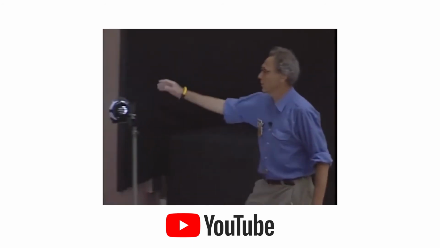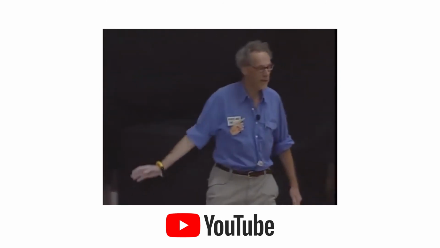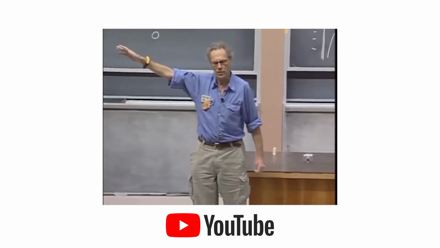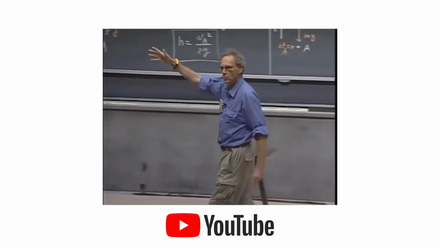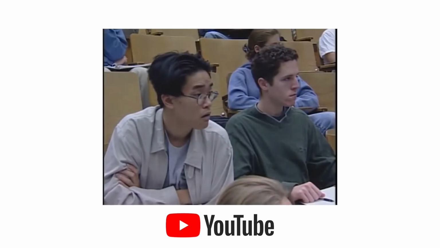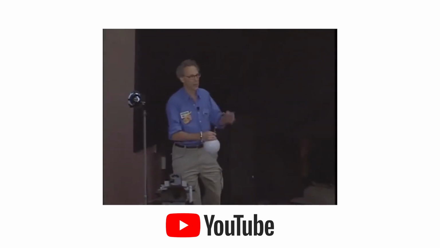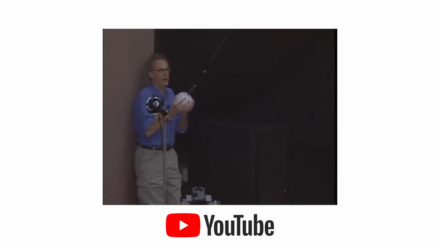If I release it from this height and it swings, then when it reaches here, it could not be higher. There is a conversion from gravitational potential energy to kinetic energy back to gravitational potential energy, and it will come to a stop here. And when it swings back, it should not be able to reach any higher, provided that I do not give this object an initial speed when I stand here.